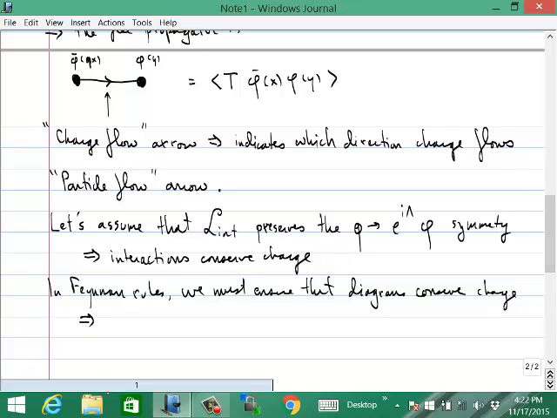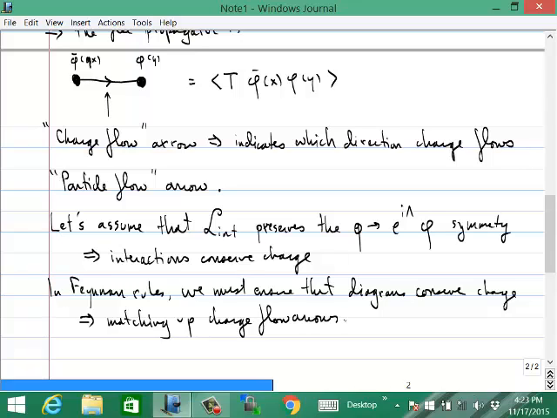And when we do so, we're going to end up matching up the charge flow arrows in such a way that every interaction vertex, if it has a particle of plus charge coming in, then it has to have another particle of plus charge coming out. Okay.